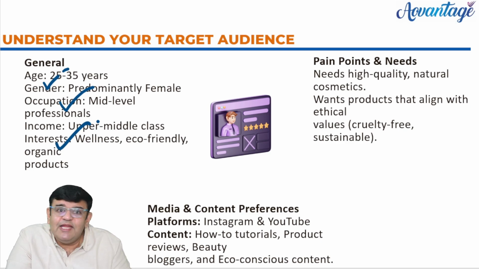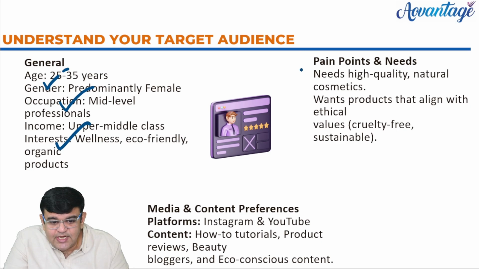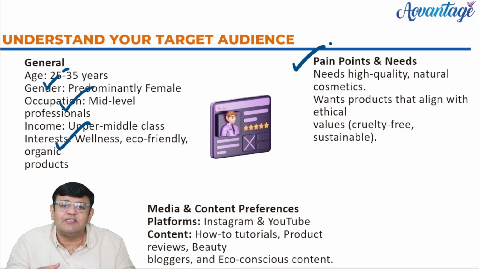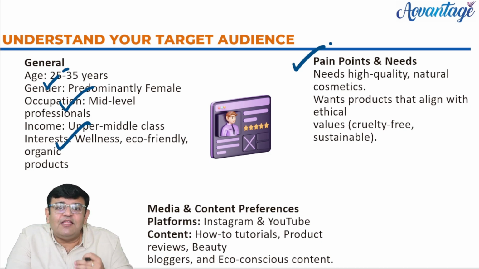Now, what are the needs and pain points of this lady? 1, she needs high quality natural cosmetics. 2, she wants products which align with ethical values, that is cruelty free and created in a sustainable environment. Again, in the buyer persona, we see very clearly there are media and content preferences.